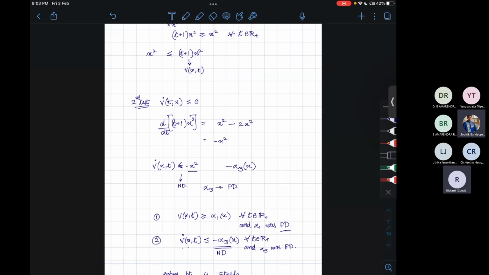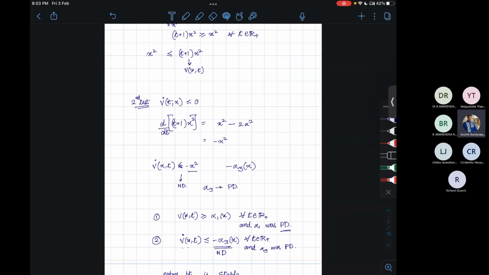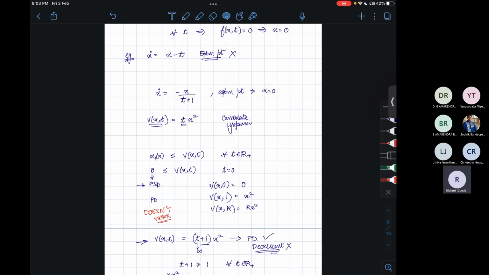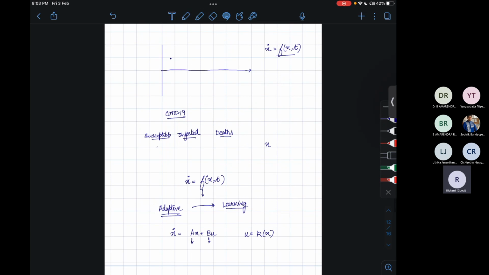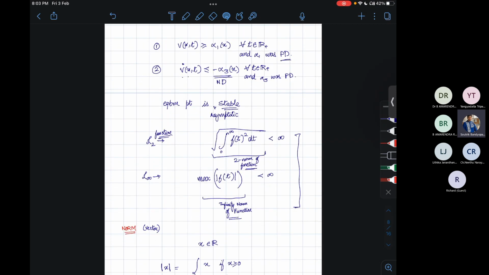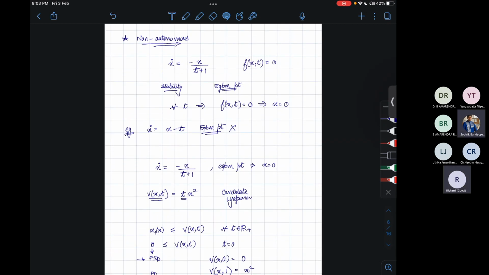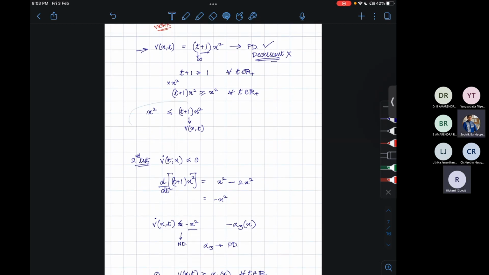So here I had this example, where you compared it to a non-time-invariant case. This was that expression, and V of x,t was greater than x squared.